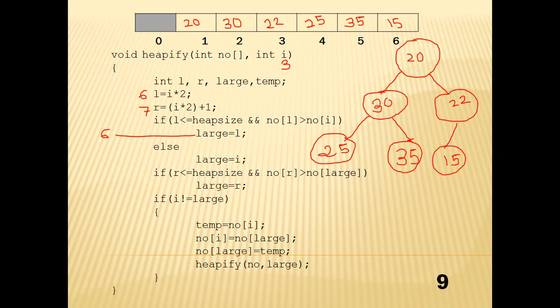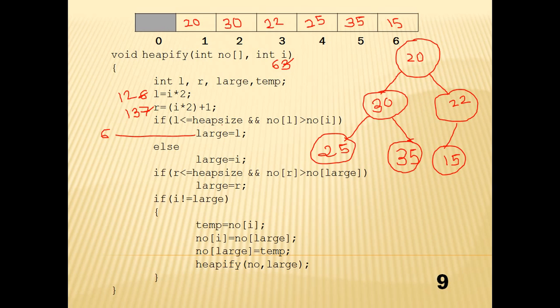Heapify a and large. Large is 6, so 6 will be passed here. But left of 6 will be 12, no element, and right will be 13. That means the index 6, 15, has no left child, no right child, and so this condition will be false.